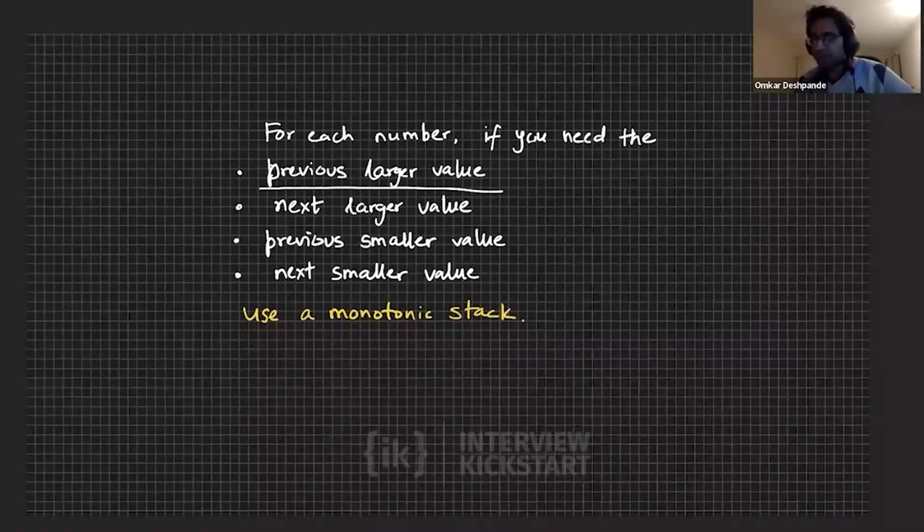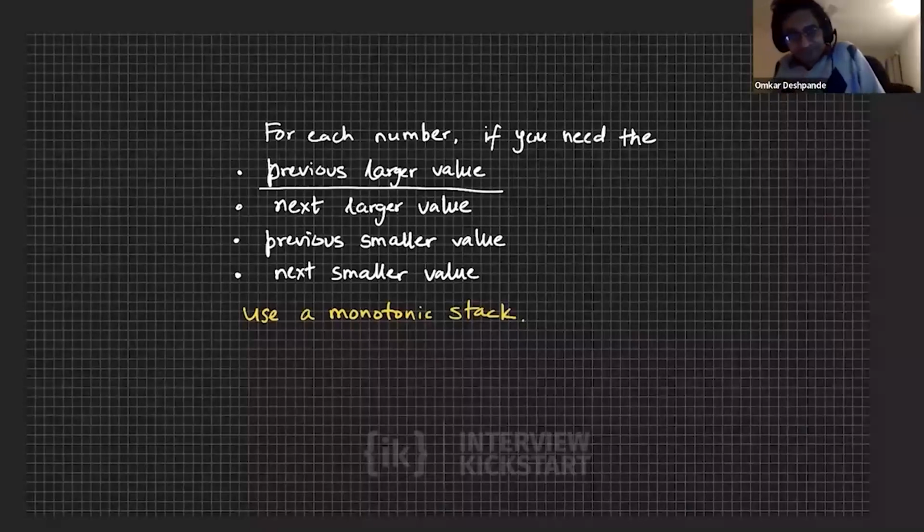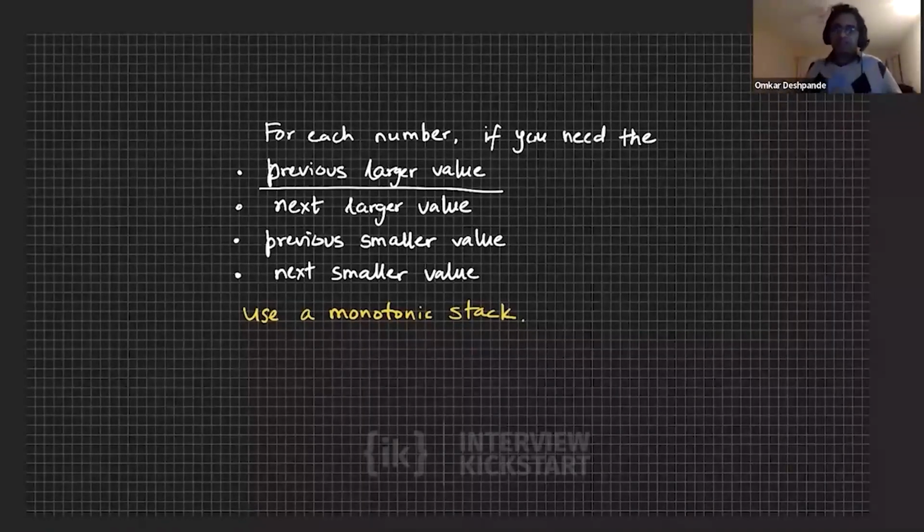In this problem, we needed the next larger value, right? So we now know that if we need the previous larger value or the next larger value for every element in the array, it makes sense to use a monotonic stack.